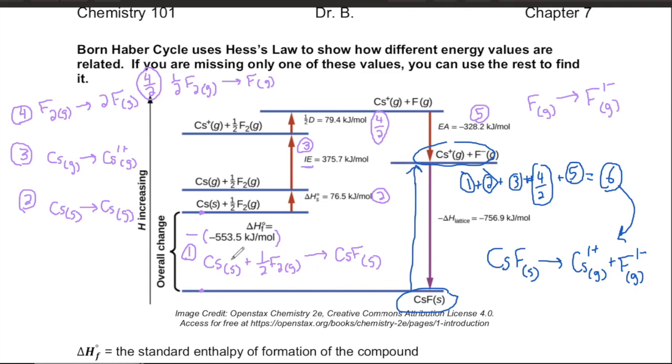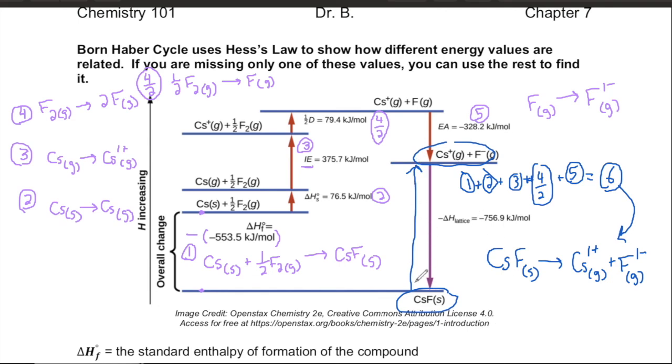And if we add together the positive 553.5 plus 76.5 plus 375.7 plus 79.4 minus 328.2, we would get that positive 756.9 kilojoules per mole.